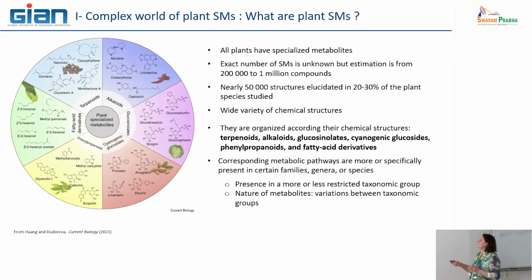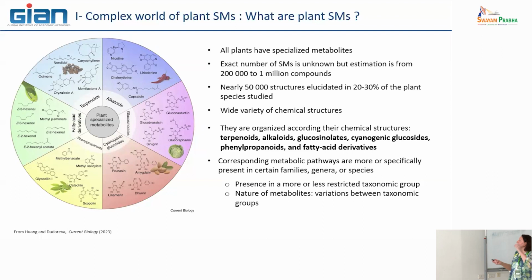Even within one group, such as alkaloids, not all the alkaloids have the same structure, so not all of them have the same biological activity. It is the same if you look at glucosinolates, terpenoids, terpenes, and phenolic compounds.